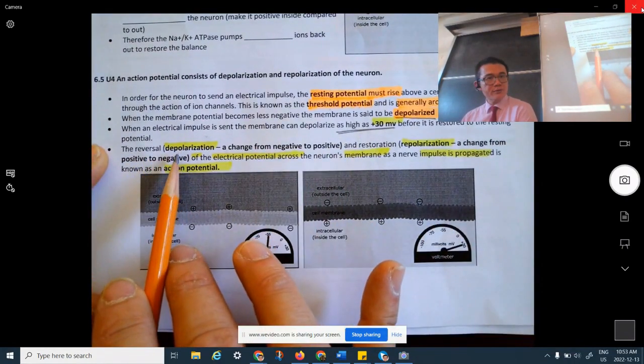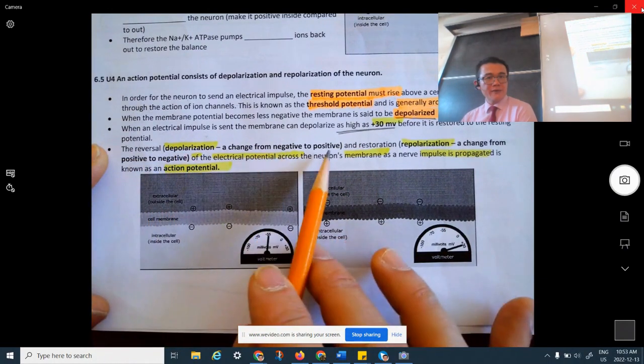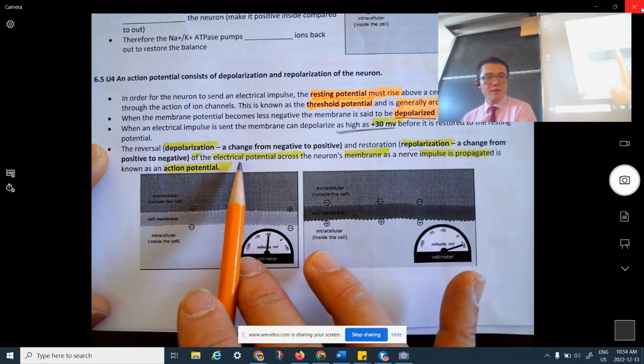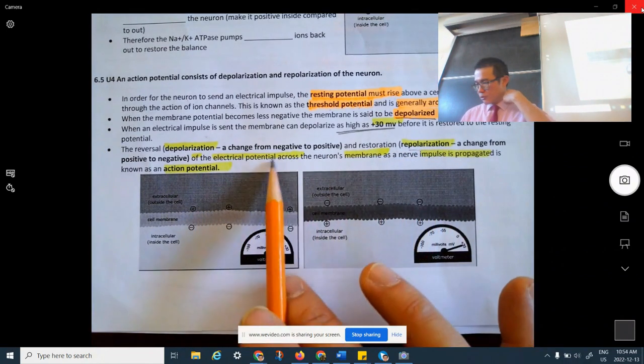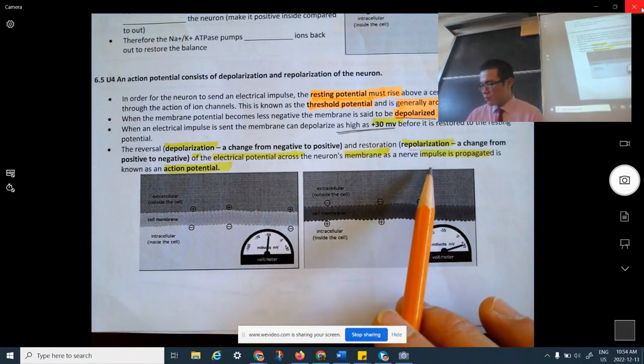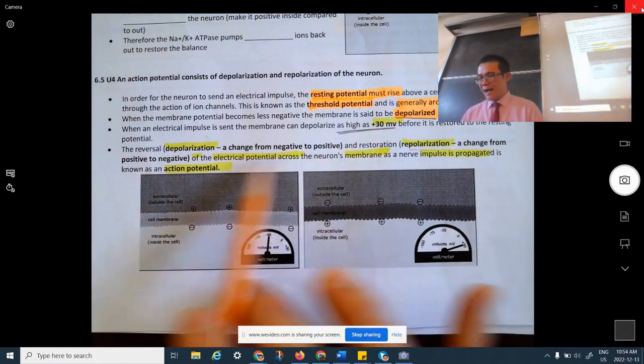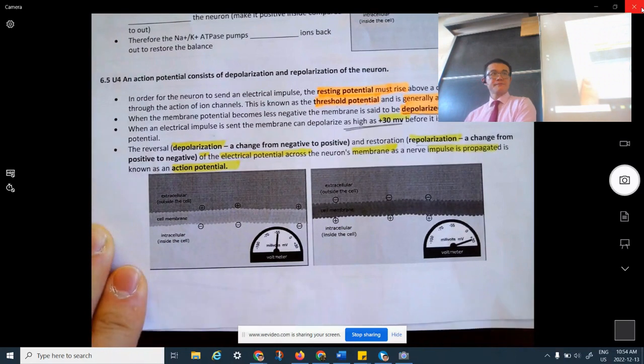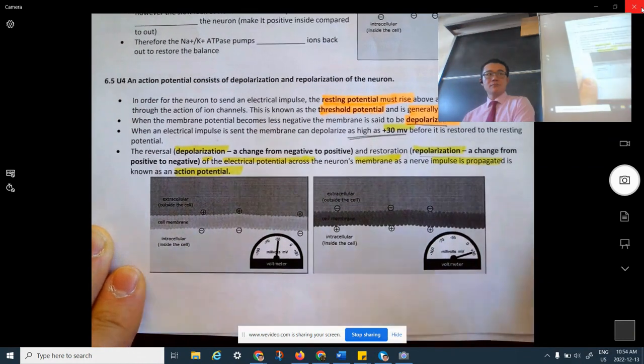The reversal, depolarization from negative to positive, and the restoration, repolarization, of electrical potential across the membrane as a nerve impulse is propagated is known as action potential. Are we good?